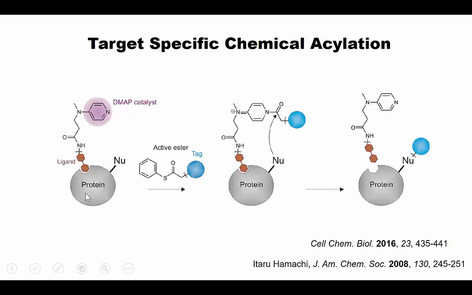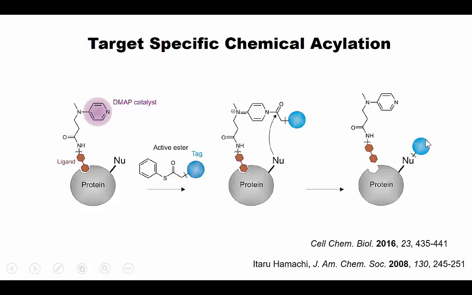Another interesting idea was also developed by the same scientist. In this case, the ligand is attached to a catalyst, and an active ester molecule is added together. Then the binding of this ligand to the target protein can activate the reaction of this active ester, and a nucleophile can attack here. Then this protein is labeled with a probe.